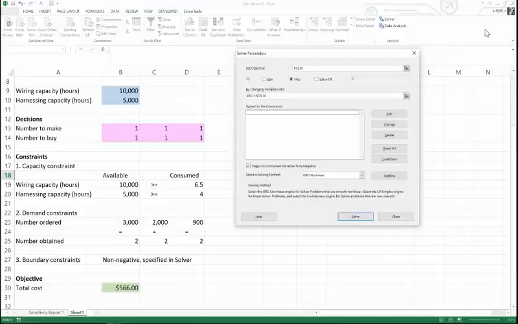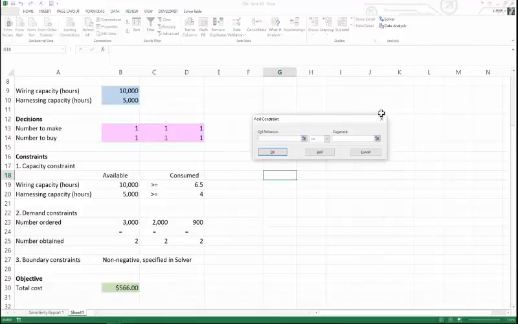Okay, we add the constraints. So first we add a constraint. We say, okay, the cell reference is what we calculated as our consumed capacity. This cannot be larger than the available capacity. So that we add.